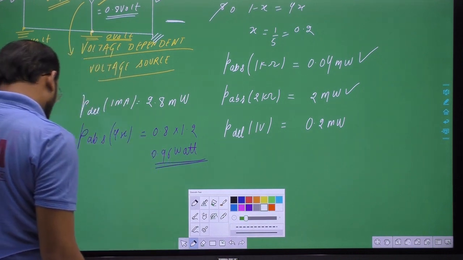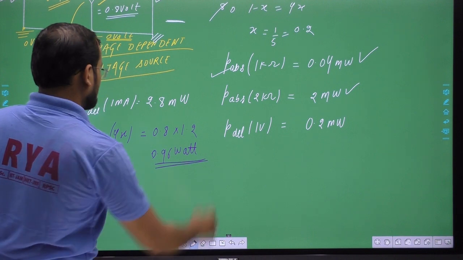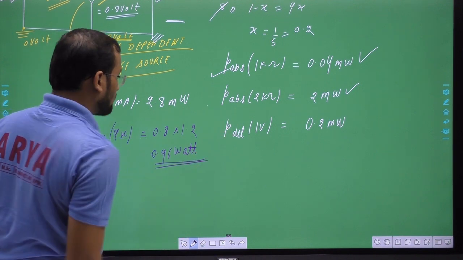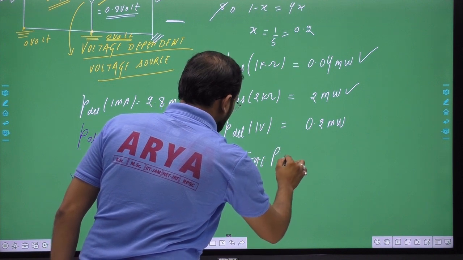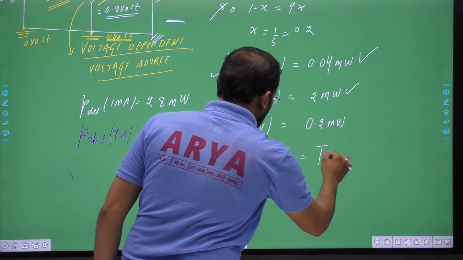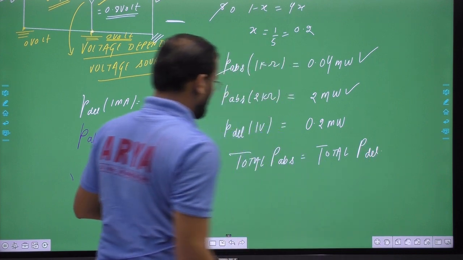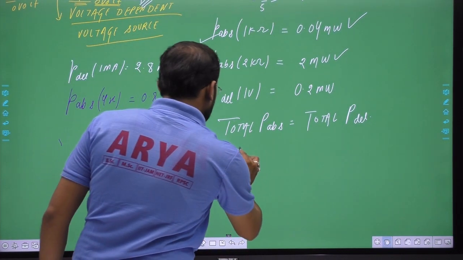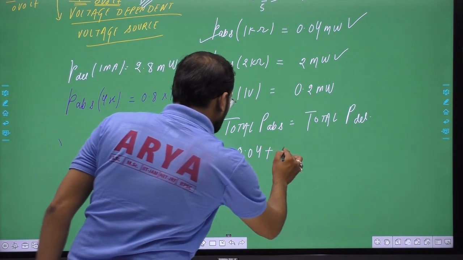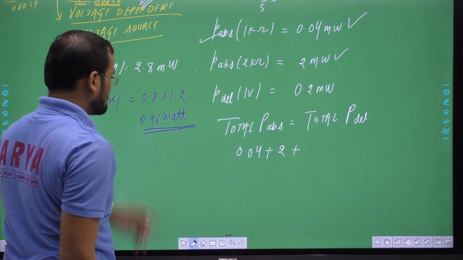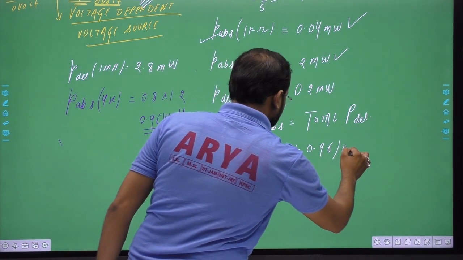Total absorbed power is 0.04 plus 2 plus 0.96 milliwatt.